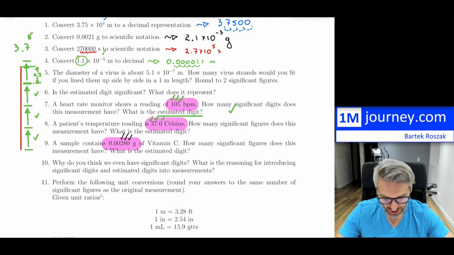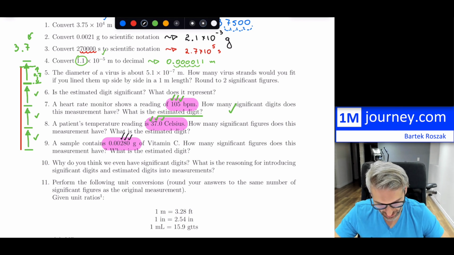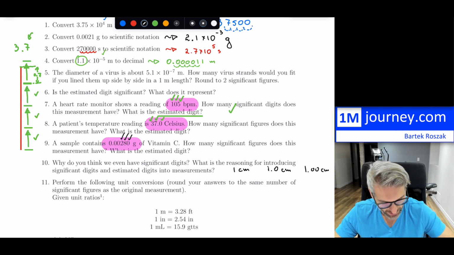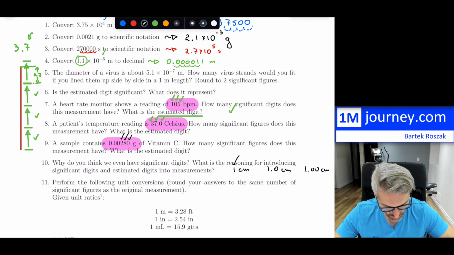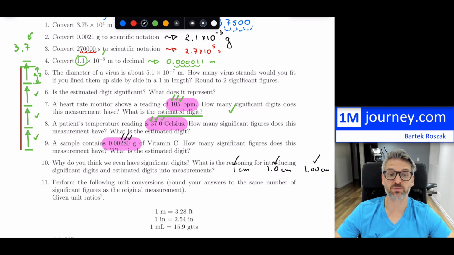There is a big difference, for example, if you say your measurement is 1 centimeter, or your measurement is 1.0 centimeters, or you say 1.00 centimeters, etc. This has only 1 significant figure. This is 2 significant figures. This is 3 significant figures based on the way the numbers have been written. So it gives us more precision.